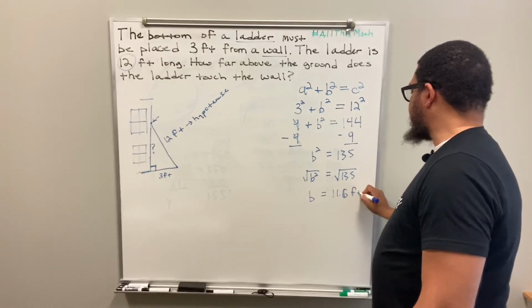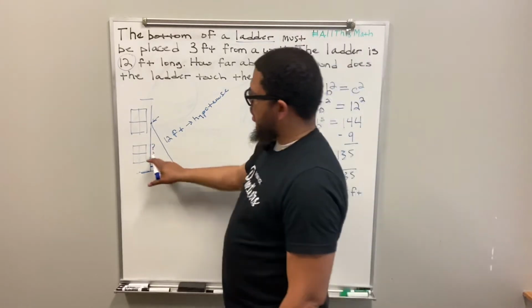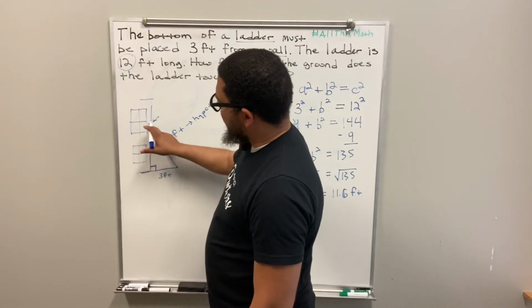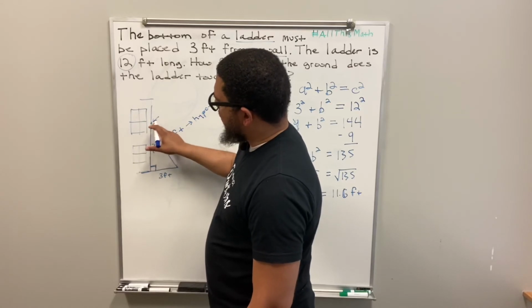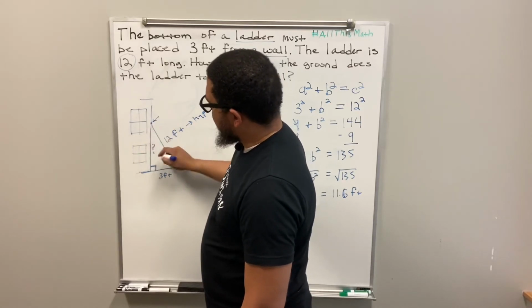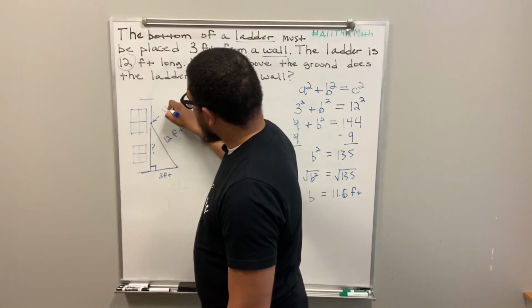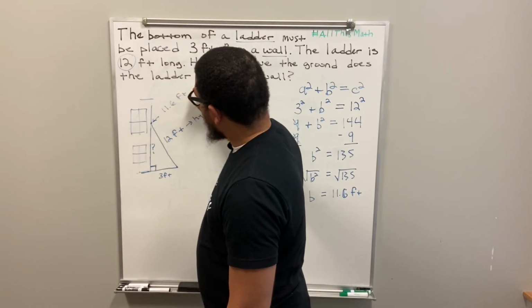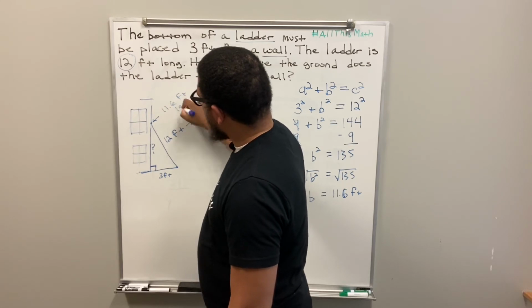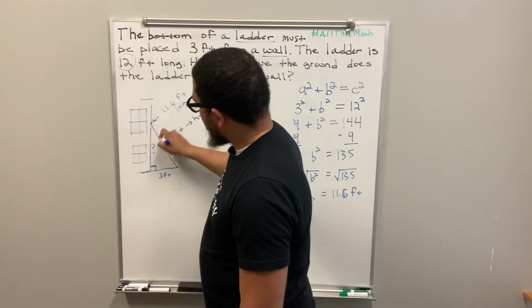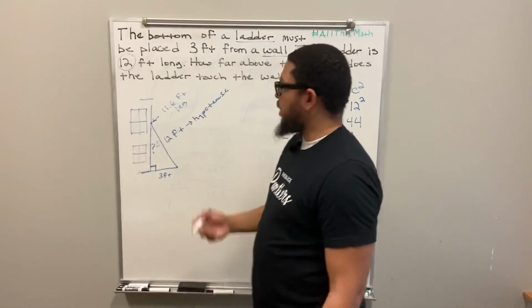So that means that the length from the ground vertically up to the point where the ladder is leaning up against the wall of this house is 11.6 feet. So this leg right here is 11.6 feet. And that's how you do it.